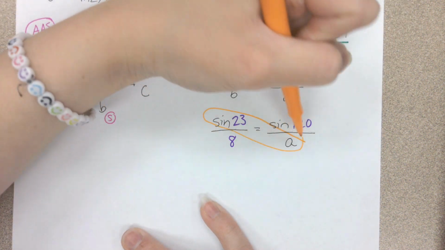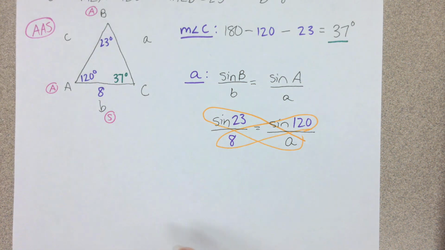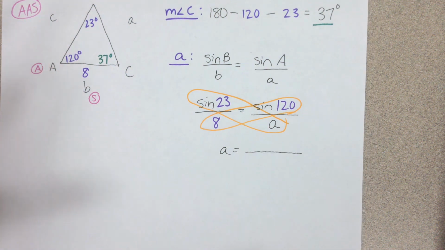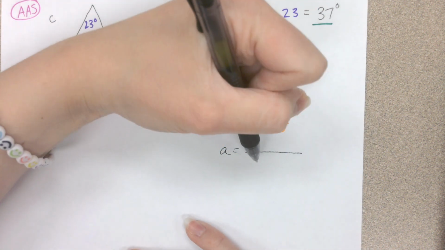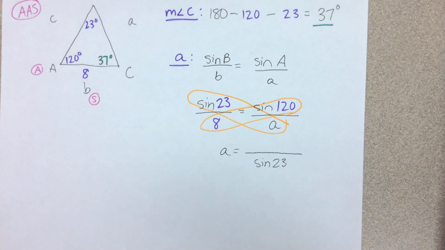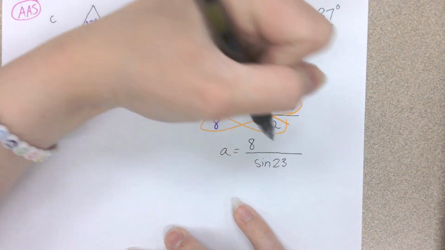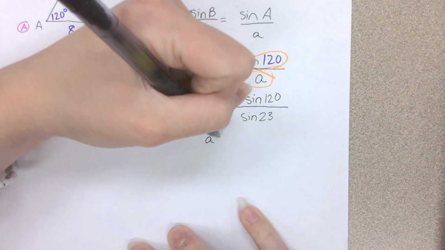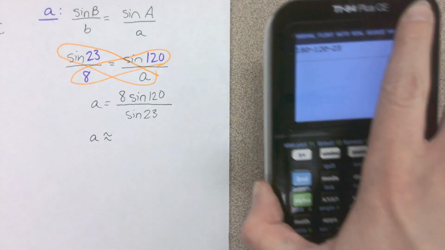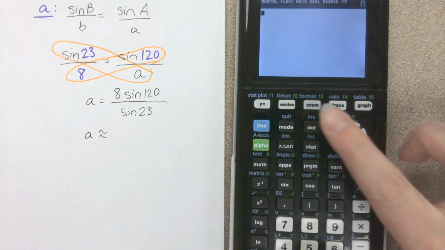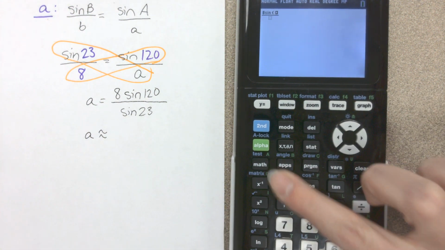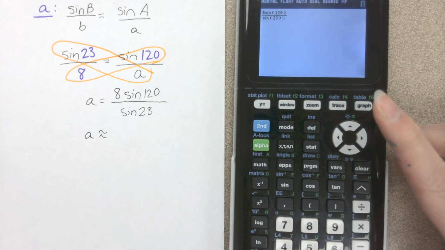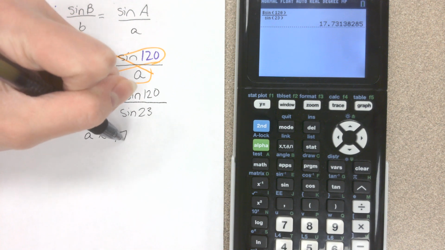Cross multiply. A equals, whatever gets crossed with A goes on bottom, and then the other 2 get crossed on top. 8 sine of 120. Type it in and round. 8 sine of 120 over sine of 23, 17.7.